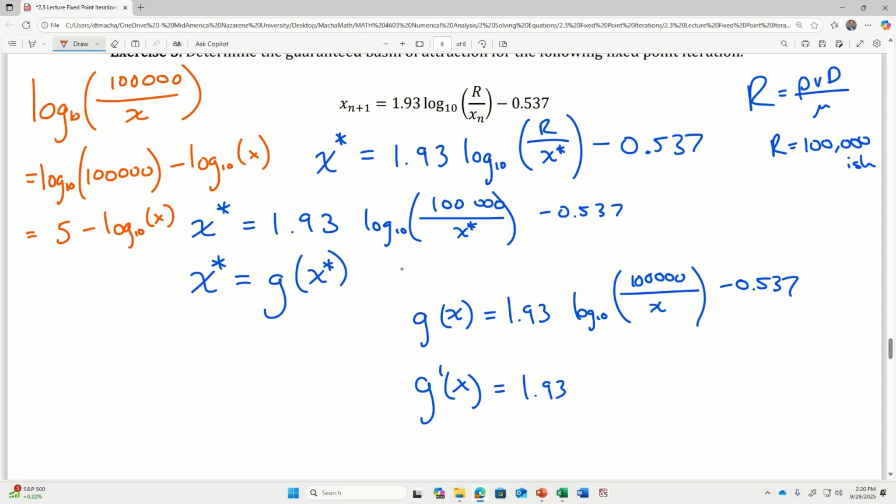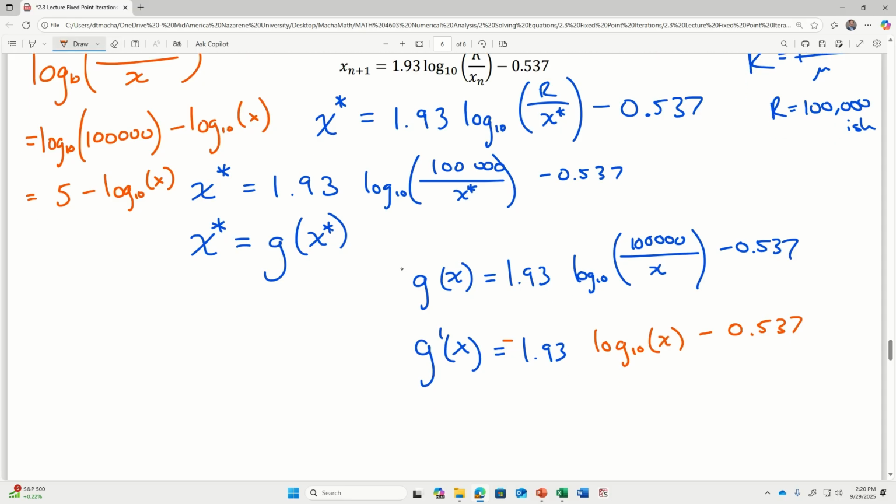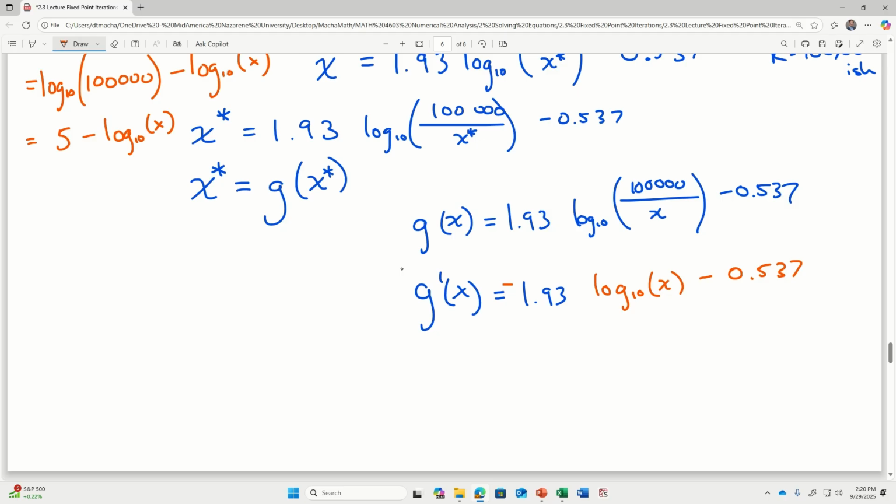So now I've got negative 1.93 log base 10 of x minus 0.537. And what I want to do, oh, sorry, I didn't take the derivative yet. What is actually the derivative of this?